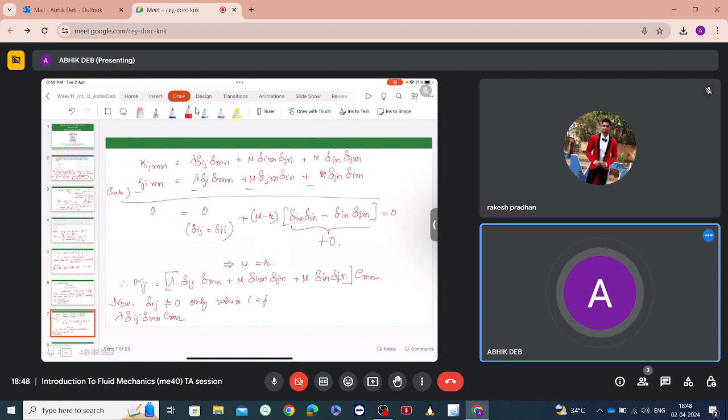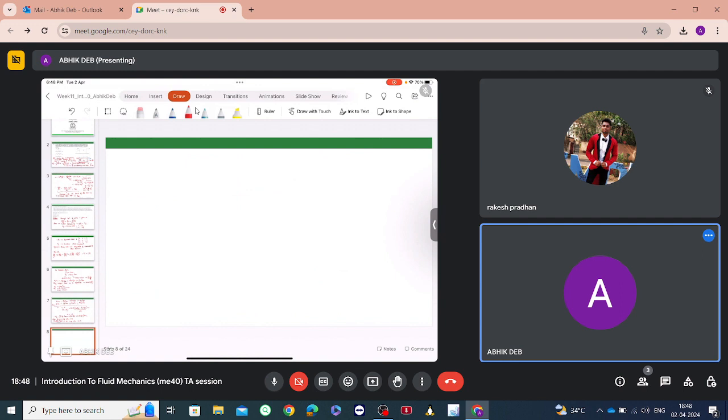This term is not equal to 0 only when m is equal to n.